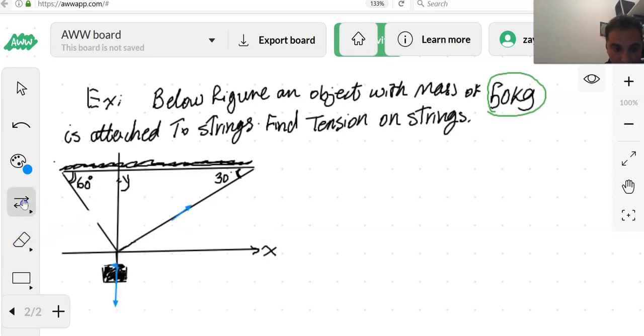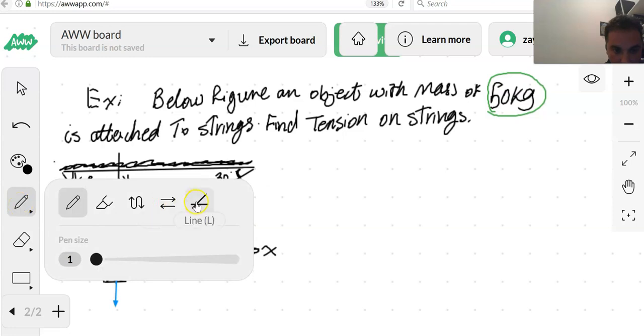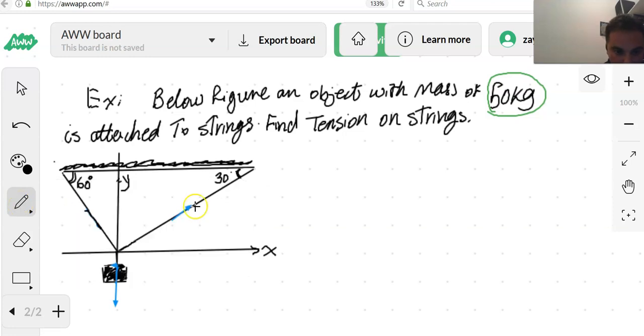So this is T1, correct? And this one will be T2.